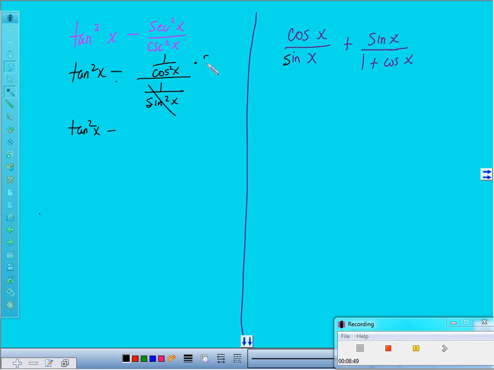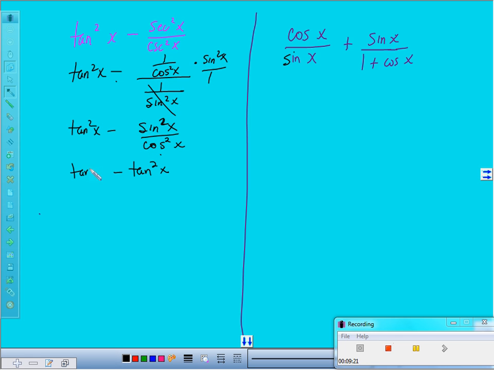I'm going to multiply by sine squared over 1, in which case when I multiply the tops together I'll have sine squared, and the bottoms together I'll have cosine squared. And have we seen anything like that? Well, yeah, sine squared over cosine squared, that actually is tangent squared.